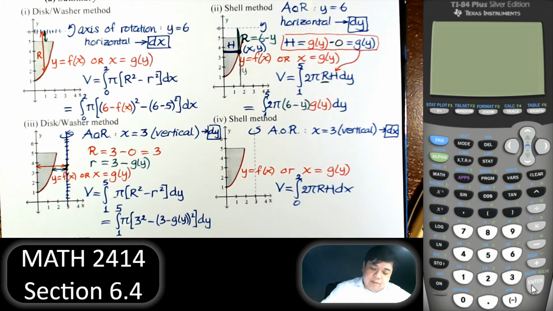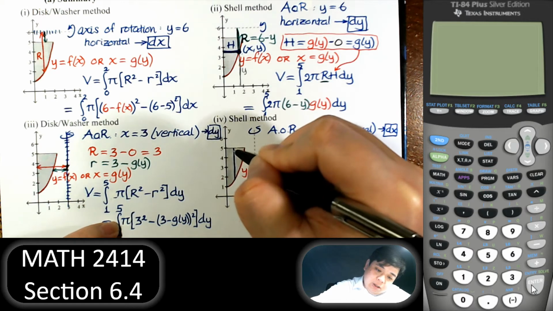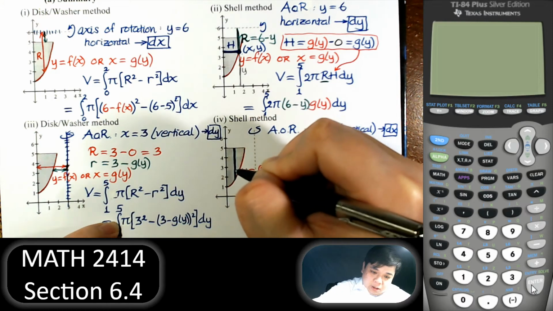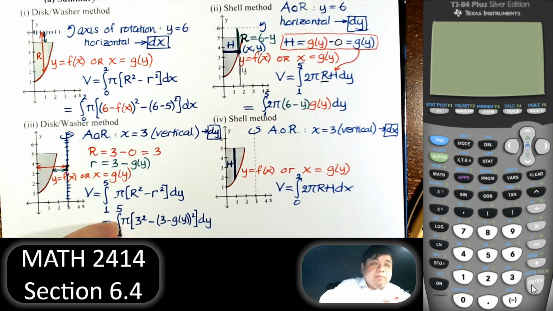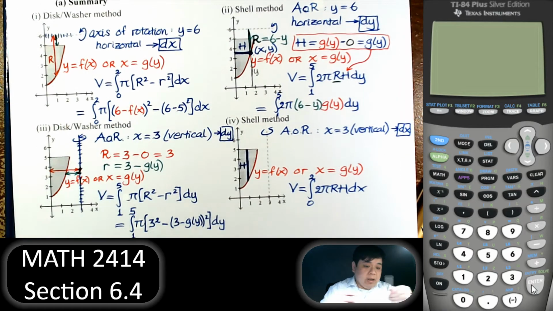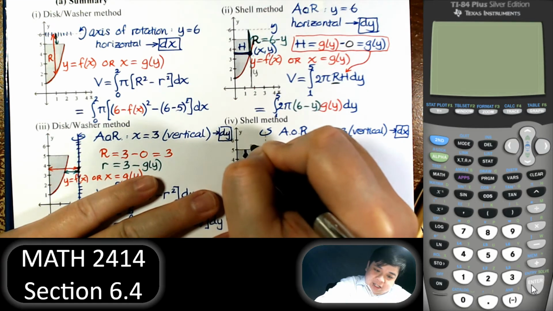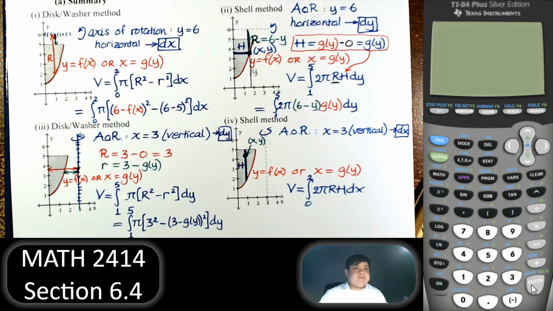Right, what is r? Now to determine r, we're going to draw the line parallel to the axis of rotation. That gives us the h. And then to determine the radius, just pick any point randomly on the line we just drew. I will choose this point, kind of random, right? That point has the coordinates x and y, to be determined later.